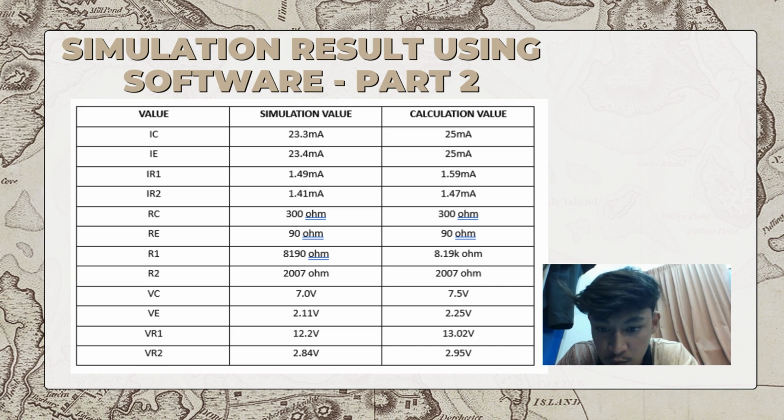Simulation value for VE is 2.11 volt, and calculation value for VE is 2.25 volt, and simulation value for VR1 is 12.2 volt, and calculation value for VR1 is 13.02 volt.